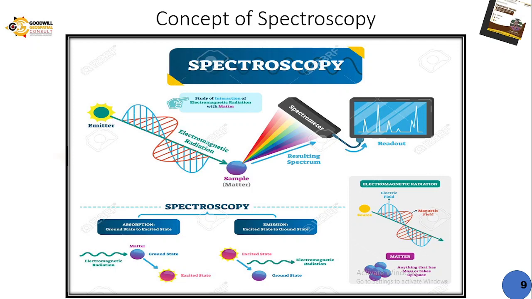That is the electromagnetic radiations. It also has the heat component. So these radiations are coming in conjunction with heat. These electromagnetic radiations, which have electric fields and magnetic fields, hit the sample.